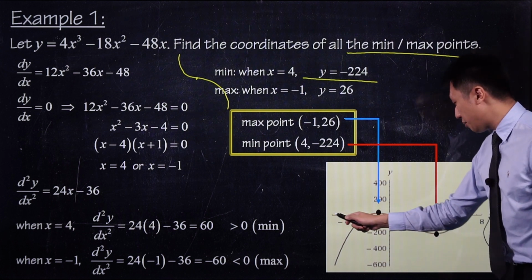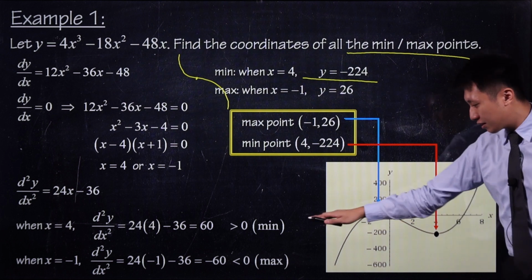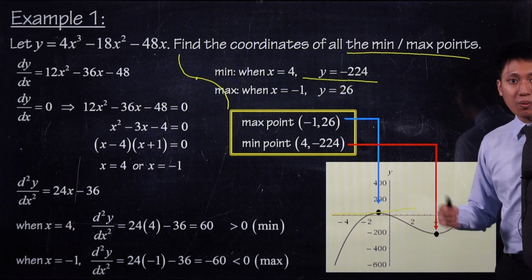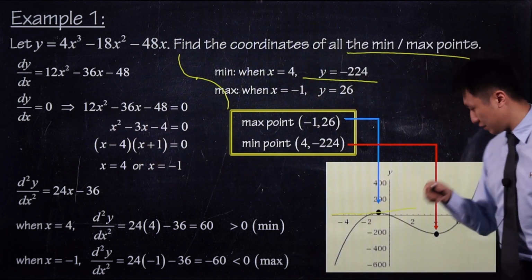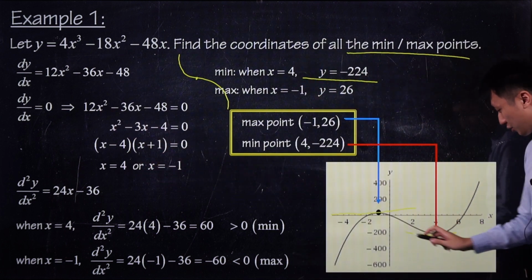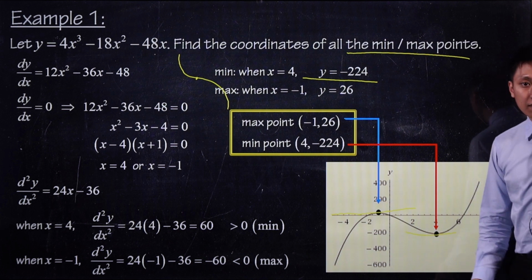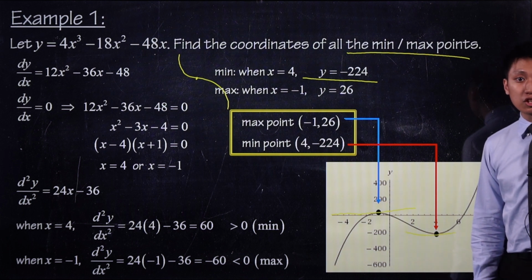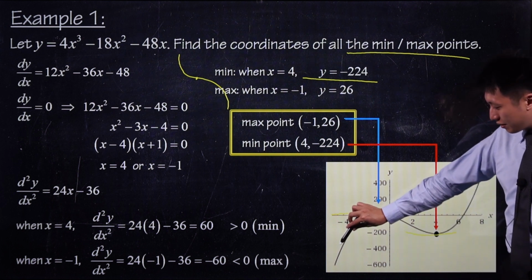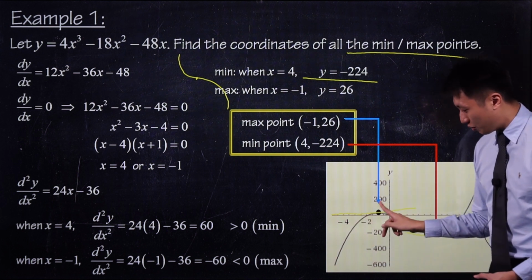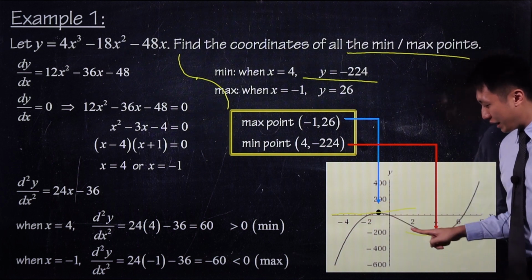At a maximum point, if I draw this, the slope will be 0. dy/dx is equal to 0. And here, this one also, the tangent line should have dy/dx equals 0. The slope must be 0. And you see, this one goes from positive slope, changes sign to negative slope.